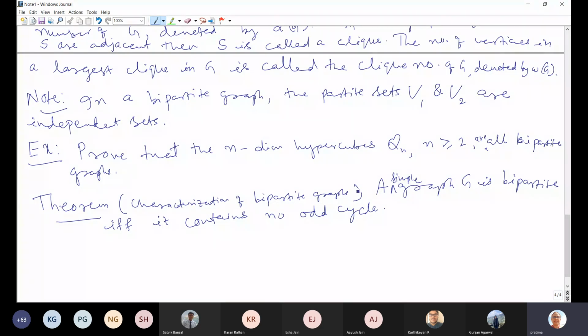Applying this theorem, now you can tell whether the Petersen graph is a bipartite graph.